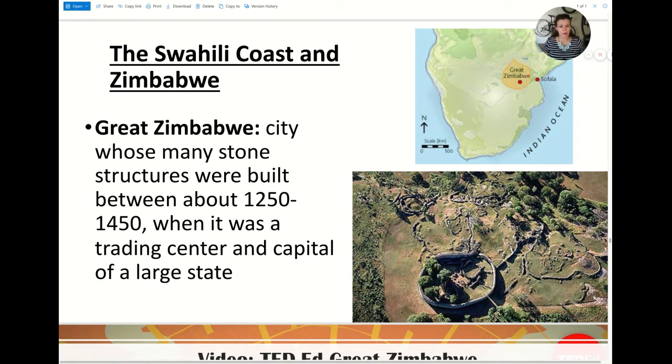So that means they are coming in contact with Hindus, with Muslims, with Christians, with Buddhists. They are doing business with people who live on different continents. So very cosmopolitan. We know that their long distance trade was based on gold, copper, and salt. We know that they would do long distance trade with the Kingdom of Mali, which is in northwestern Africa.